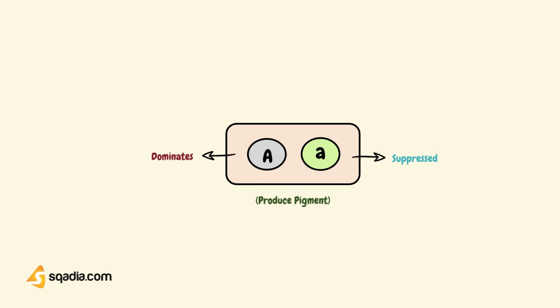The expression of this genotype in the form of trait, in our example being albino or having normal pigmentation, is known as the phenotype. But remember that a dominant allele only suppresses the expression of the recessive allele. It does not affect its nature.